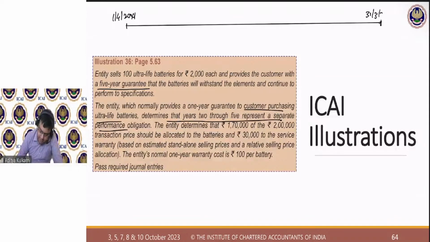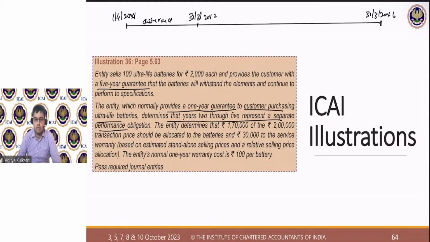Till 31st March X6, you are having the warranty coverage. Out of this, for the first year, till 31st March X2, this is going to be an assurance warranty. They have given in the question, a 1-year warranty is normally what is provided, a 1-year guarantee.